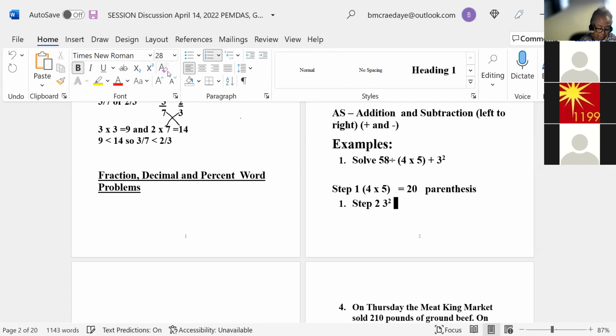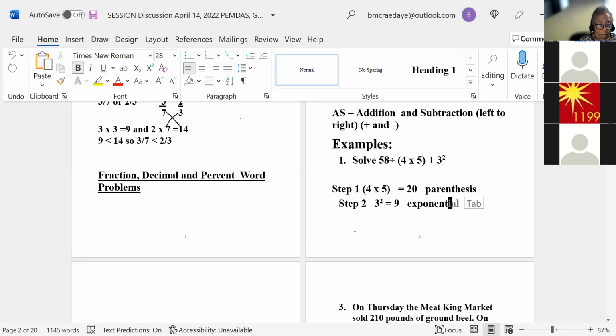So let's just put that there, equal 9. That's step 2. Now, what's the third step?